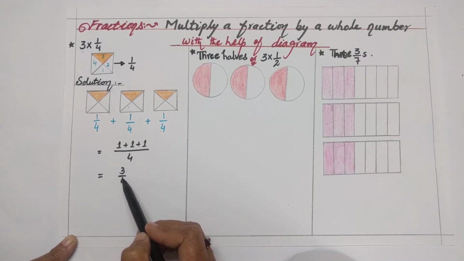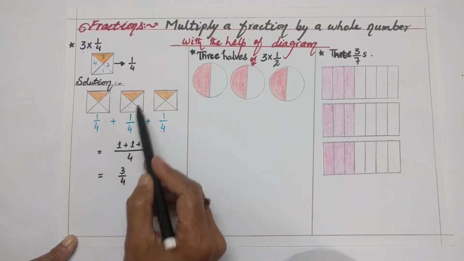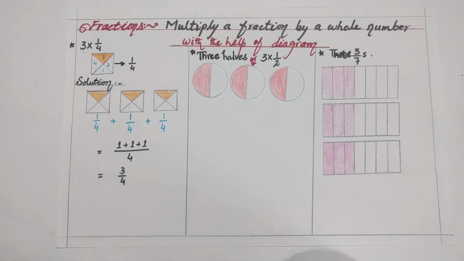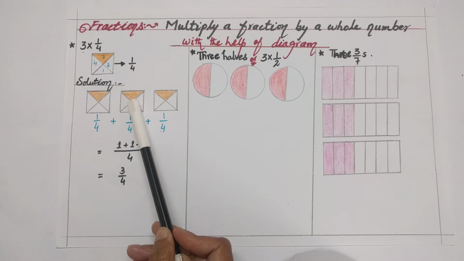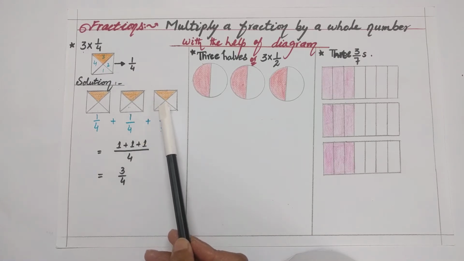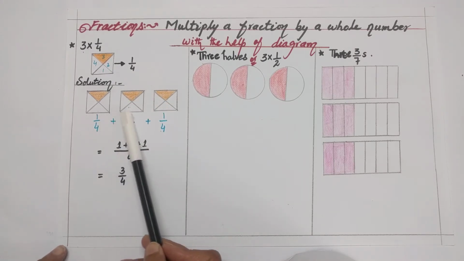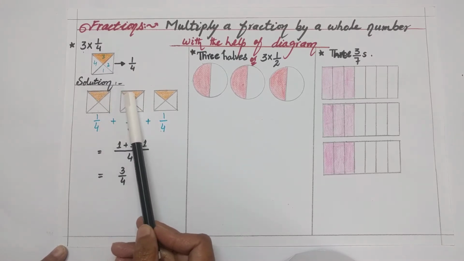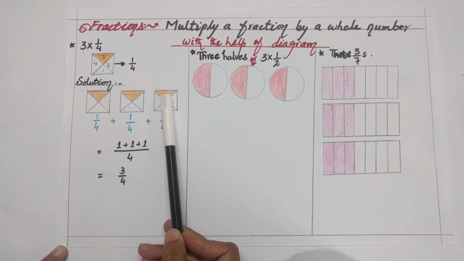And you can also check your answer in this diagram. In this first diagram, we have only one shaded part each, but when you add these three diagrams, in total you have 1, 2 and 3 shaded parts.